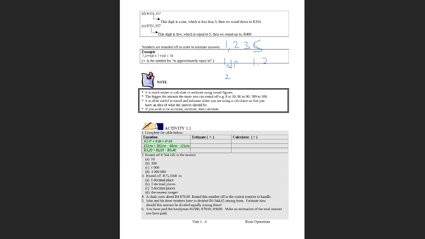Now in two decimal places, it's going to be 1.24. Why 1.24? Because the number in front here is 5, so I'll add 1 here. But in three decimal places, it will simply be 1.235.